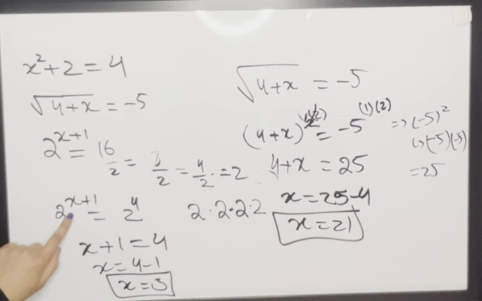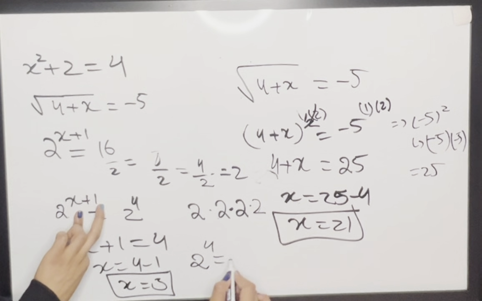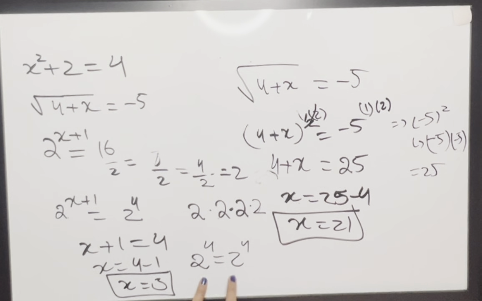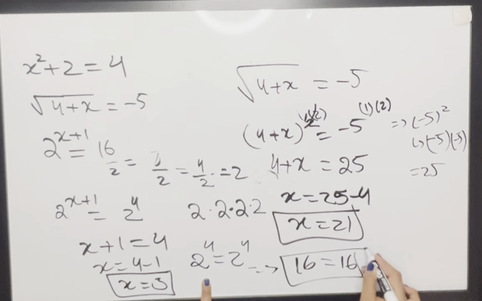And if we put it back here, we get 3 plus 1, which is 4, equals 2 to the 4 power. And as you can see, these two are equal to each other, but if you want to simplify it, it's going to become 16 is equal to 16, and that is correct.